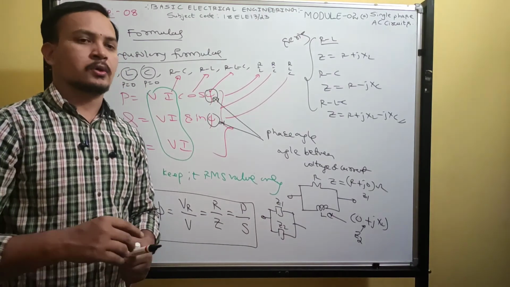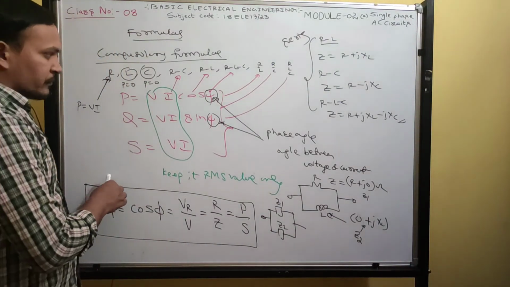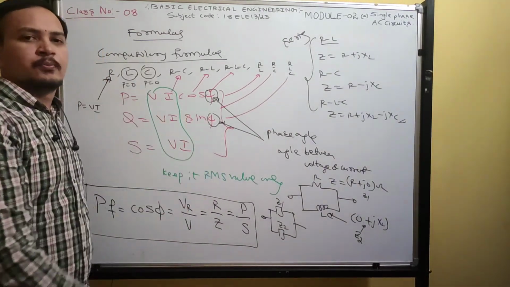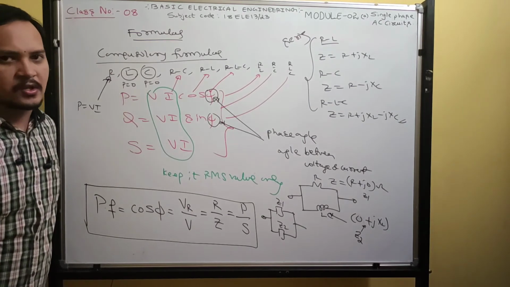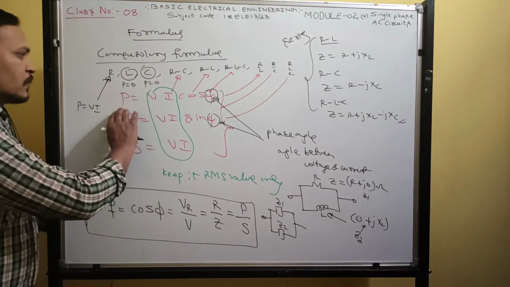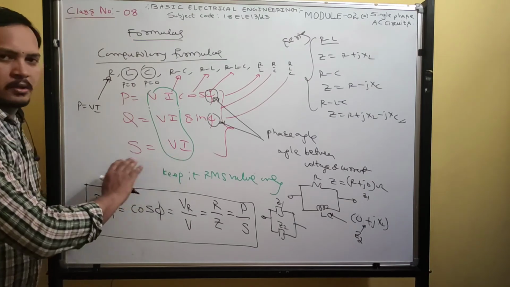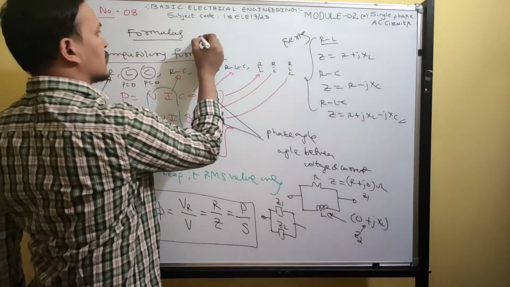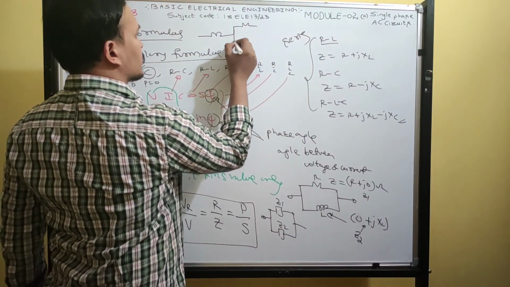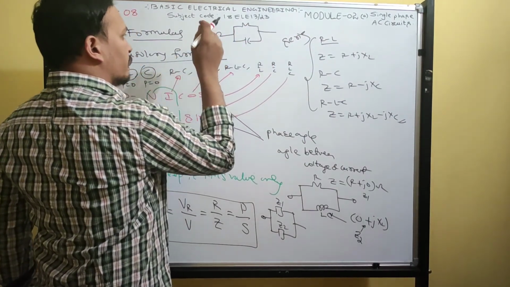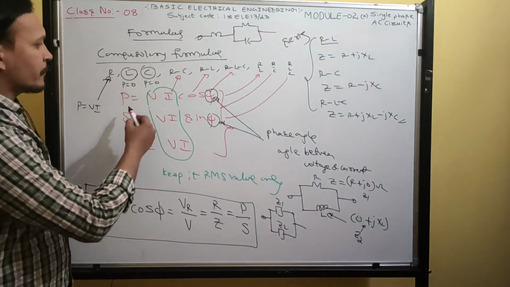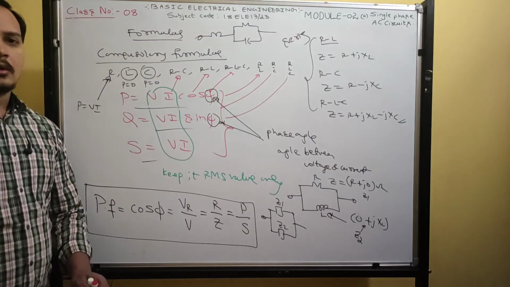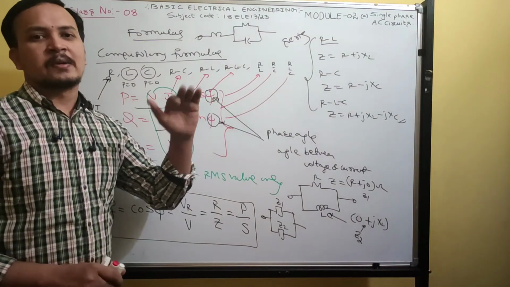Got it? So guys, this many equations are sufficient to solve any combination of problems on single phase AC circuits. These formulas VI cos phi, VI sin phi, VI work the same for all these circuits, even for a combination of inductor, resistor, capacitor. There is no separate formula for different types of circuits.